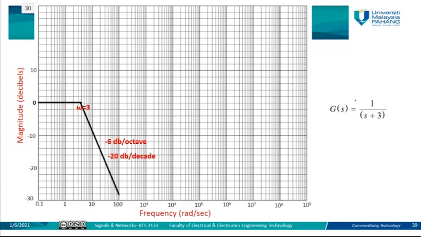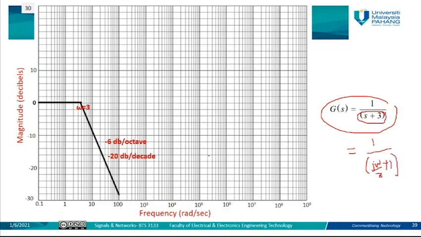We use the same example, but here it is a pole. It's not a zero. So in this case, it will be represented by this value here. You have s equal to j omega, and you want to convert this to 1, so you divide over 3. So this is j omega over 3 plus 1.